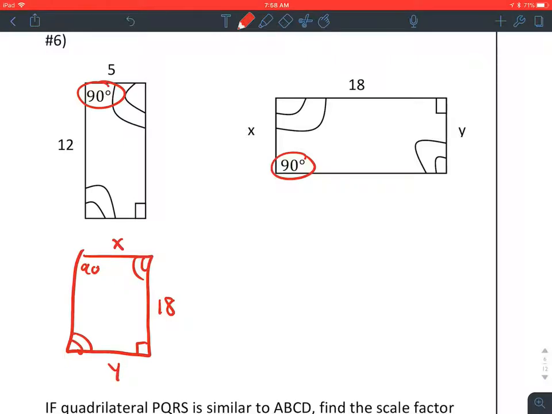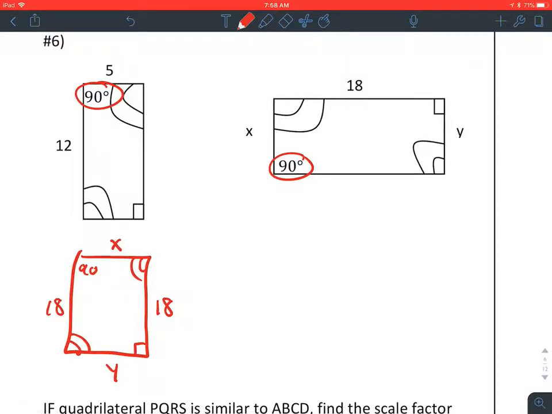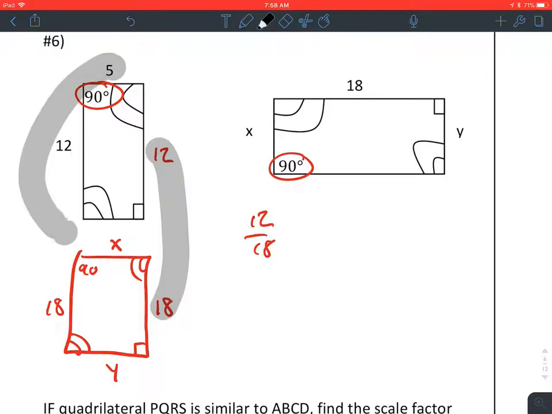So since this ends up being a rectangle on accident, opposite sides are the same length. So we could make a proportion 12 is to 18 as 5 is to x. 12 over 18 reduces, divide the top and bottom by 6, and you get 2/3.